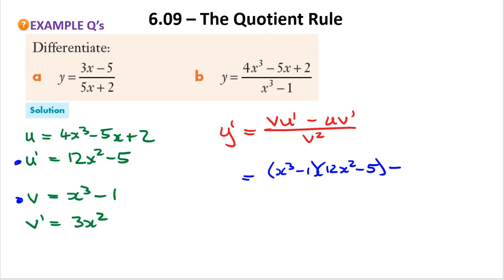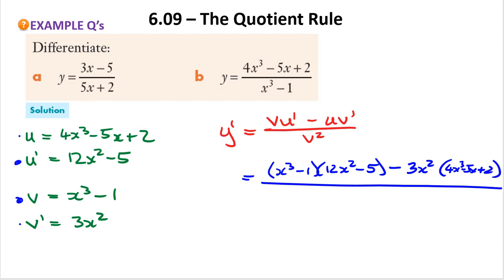Minus uv', so it's going to be these two elements here, 3x squared, 4x cubed minus 5x. I'm running out of a little bit of room here. All over v squared, so v is this term here again. I'm going to write that in, and there is no need for us to expand this out. We're just going to leave that exactly like it's written there.